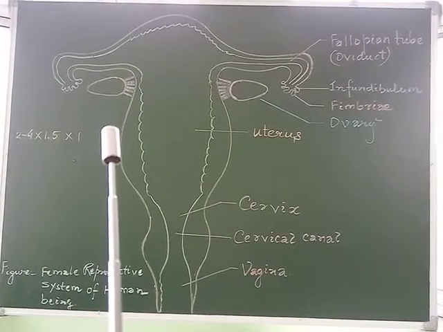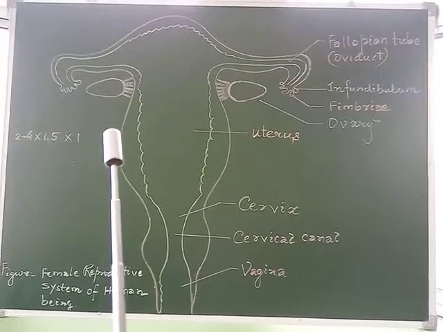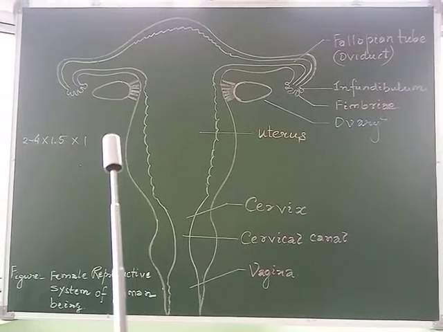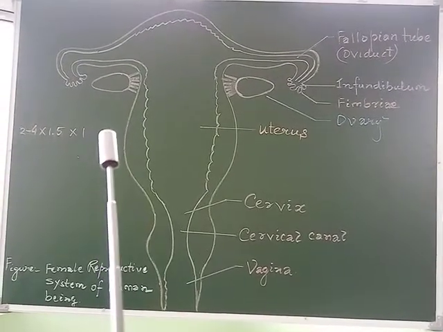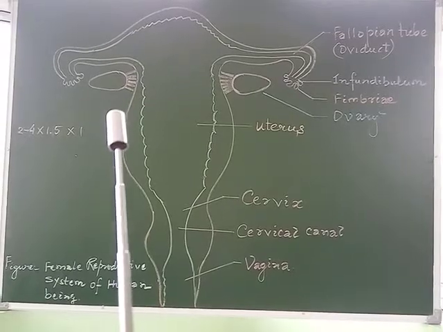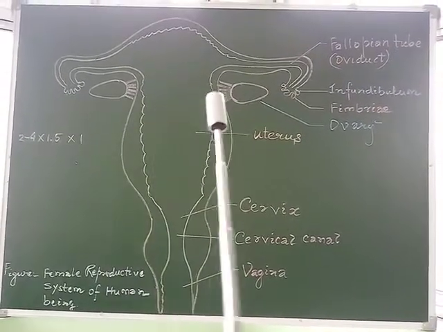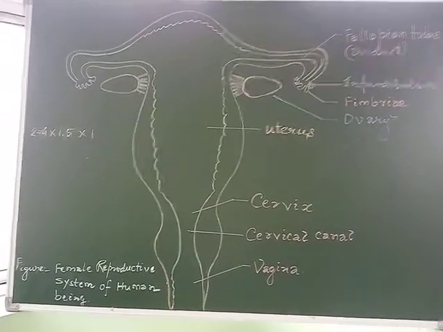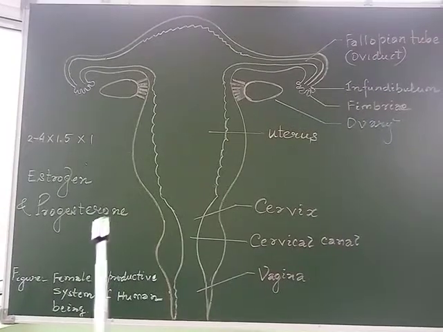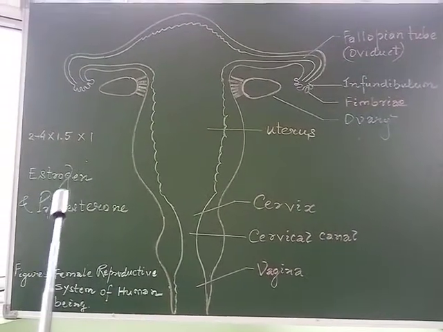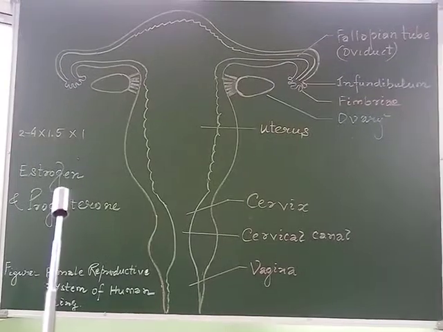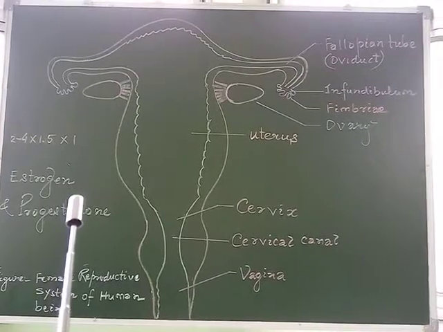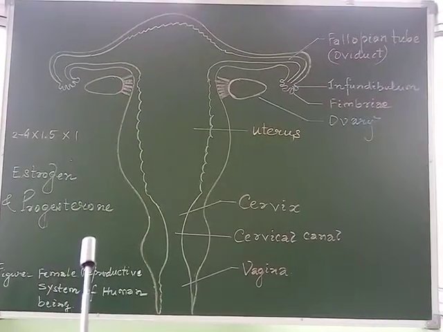In the male reproductive system, they produce the male gamete, but they also release the male hormone called testosterone. Just like that, the ovaries not only release the mature ovum, but they also release the hormones estrogen and progesterone, which are essential for the proper development of the reproductive system as well as the proper maintenance of the pregnancy.